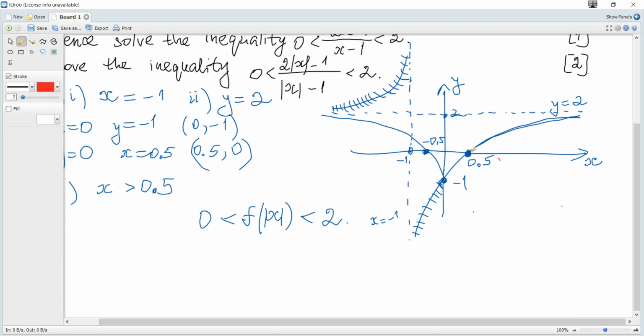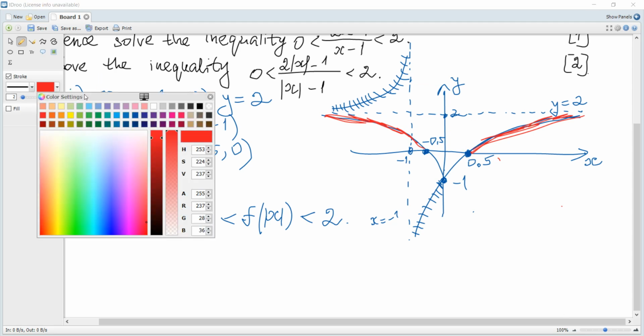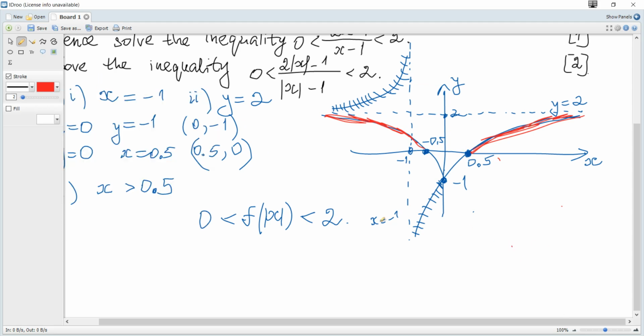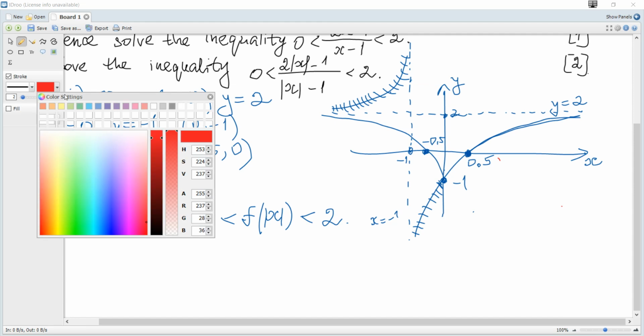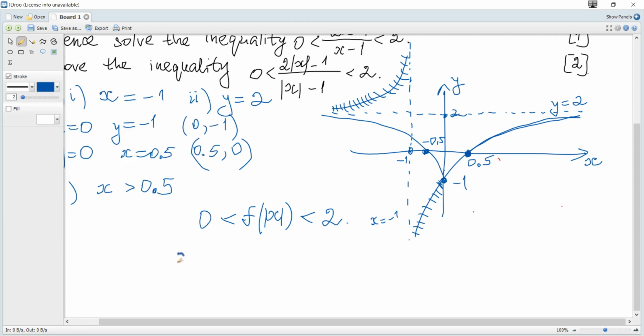It's this part, again this part and this part of the graph, and hence it's for x greater than 0.5 or x less than negative 0.5.